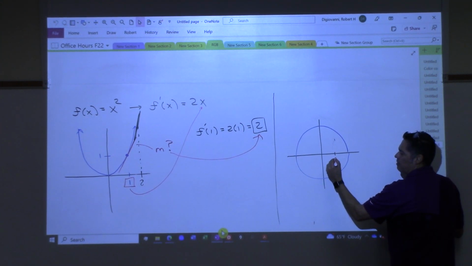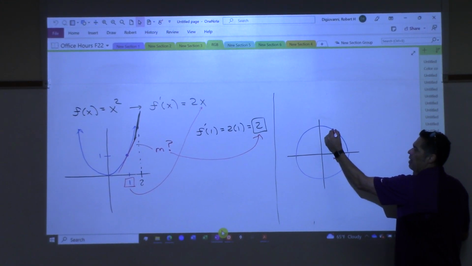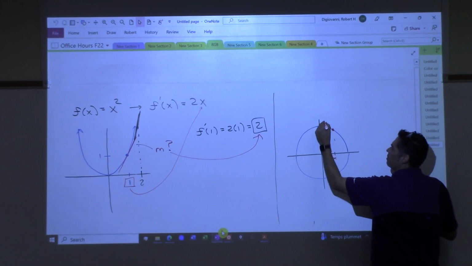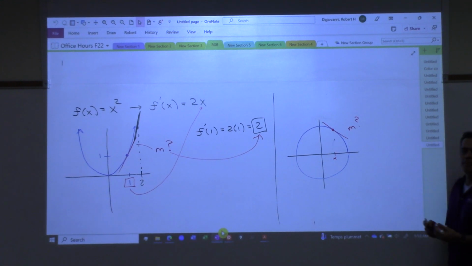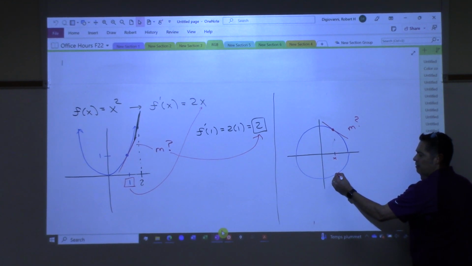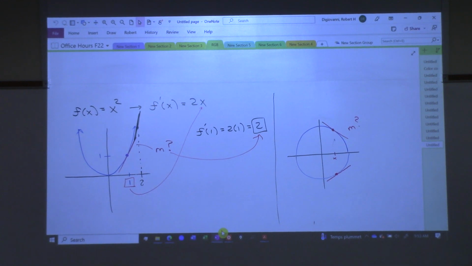Then I'm going to go up to this point right here. Do you all agree that there's a tangent line for that point, something like this? And I should be able to find the slope of it, yeah? But do you also agree that for the same x-coordinate, there's also a point down here, and that point has a different slope?